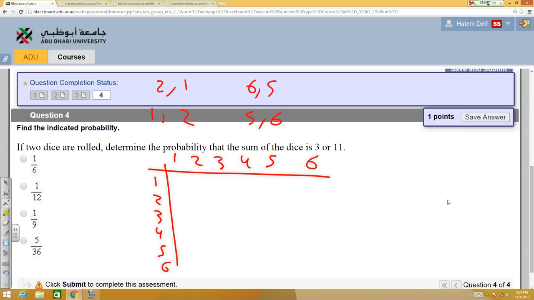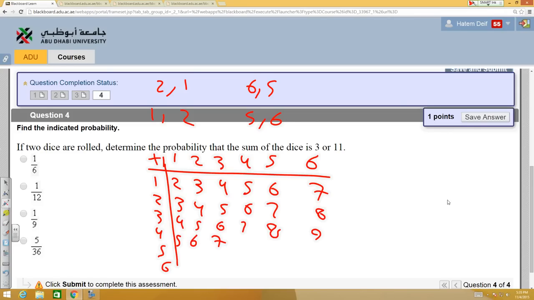Imagine you're building the summation table. 1 plus 1 is 2, 1 plus 2 is 3, then 4, 5, 6, 7. The second row will be 3, 4, 5, 6, 7, 8. Then 4, 5, 6, 7, 8, 9. Then 5 through 10, then 6 through 11, and finally 7 through 12.